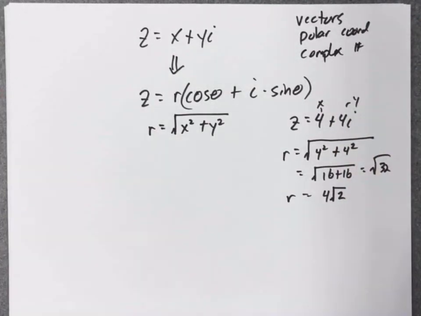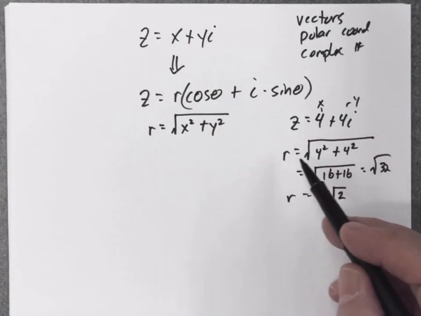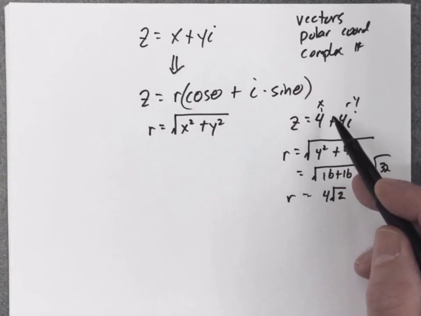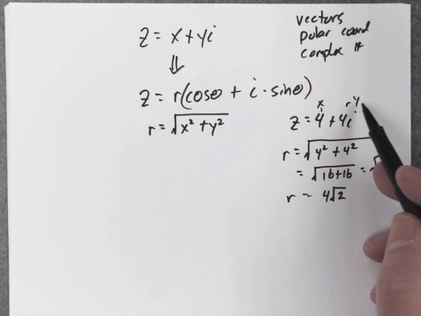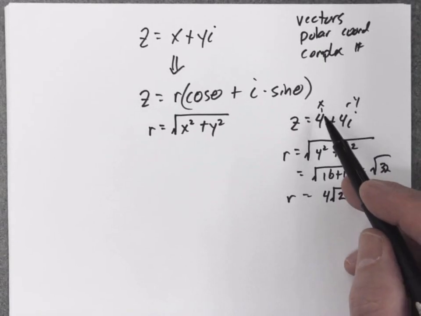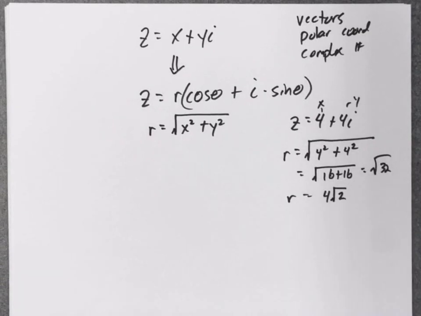They're all the same. If you go back and look at all three of these, you'll see this where R is the square root of the x part. With vectors, we call this the i part and the j part. With polar coordinates and complex numbers, we call this x and y. They're all the same thing. And the R, you just do the calculation and you're good to go.